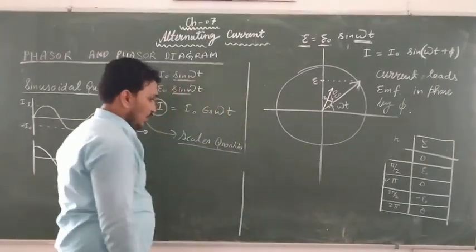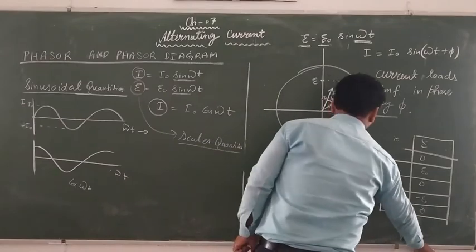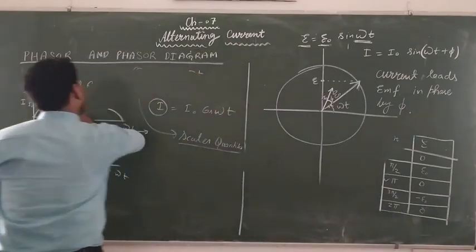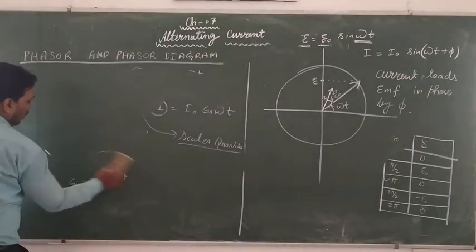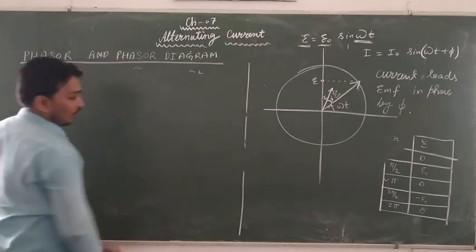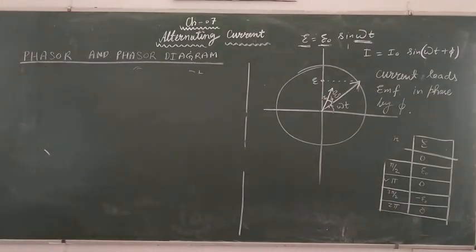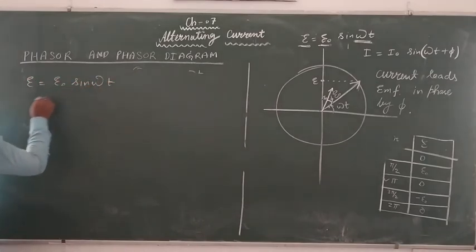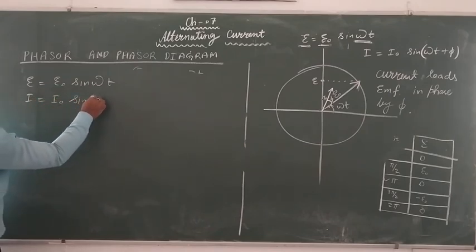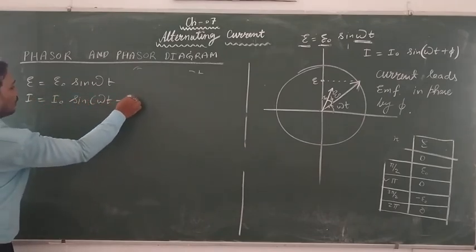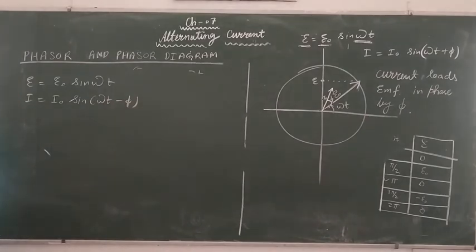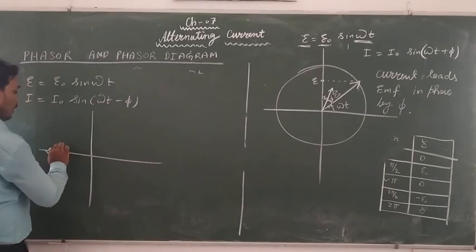But suppose the EMF is given by E0 sin omega t and current is represented as I is equal to I0 sin omega t minus phi. So how will this be represented on a phasor diagram? Okay.